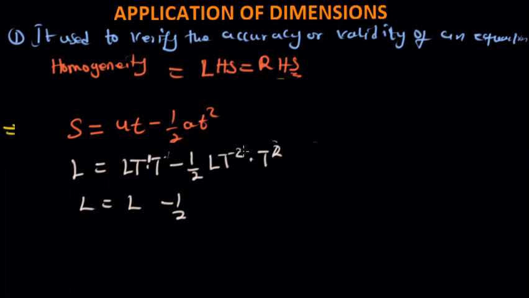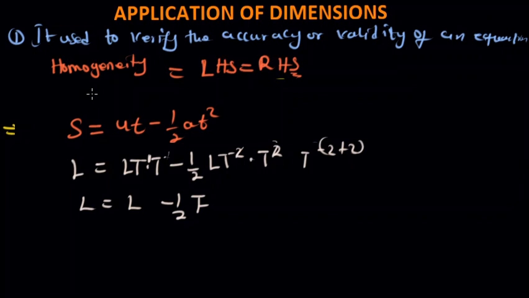This is positive, this is negative, so we will have T^(-2+2). So our T will become 0 and our L will be L. So finally we'll have L equal to L minus 1 on 2 L, because T is 0.